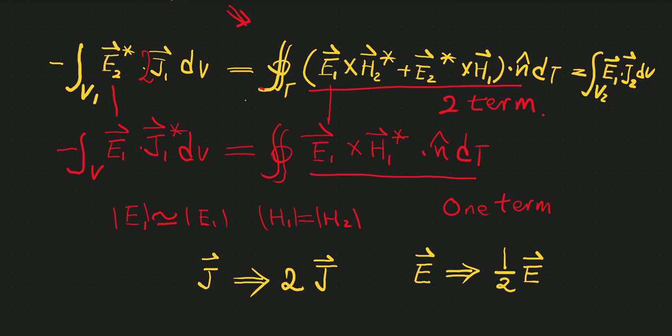Here J2 become 2 times J2, and this 2, if you take it away, it will come here. So you got a half here, and you got a correct formula.